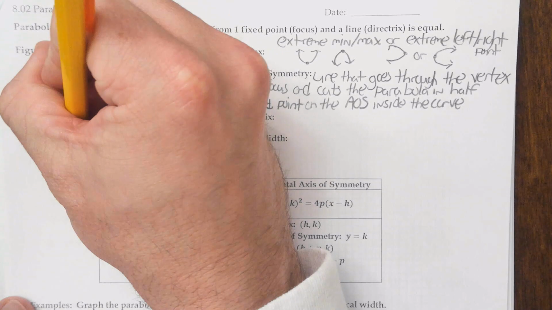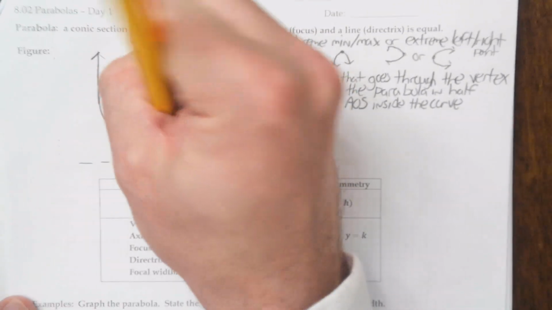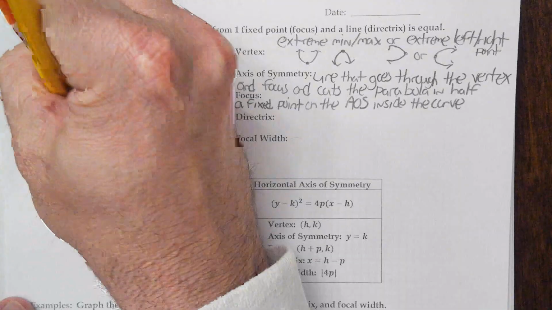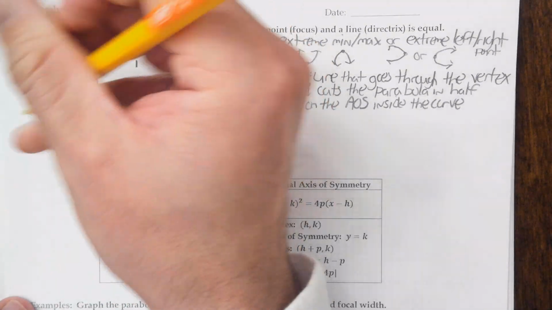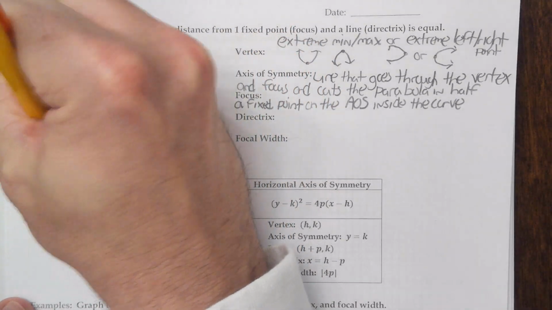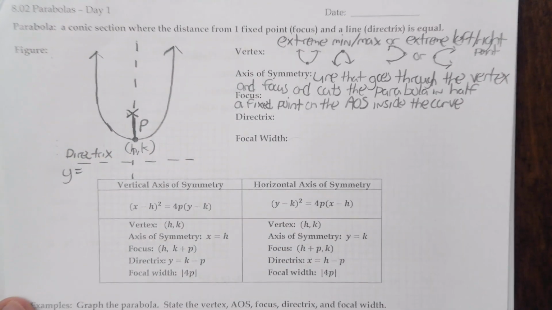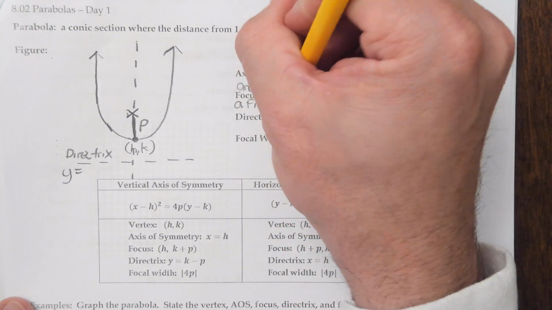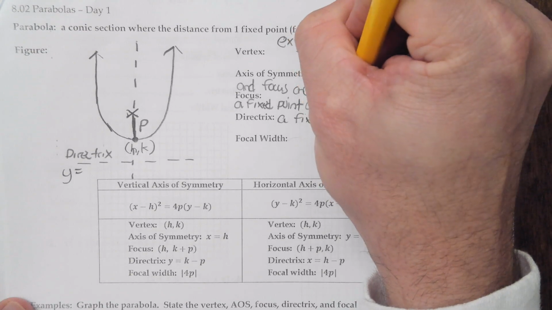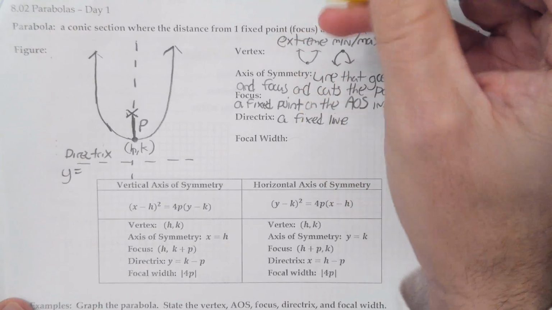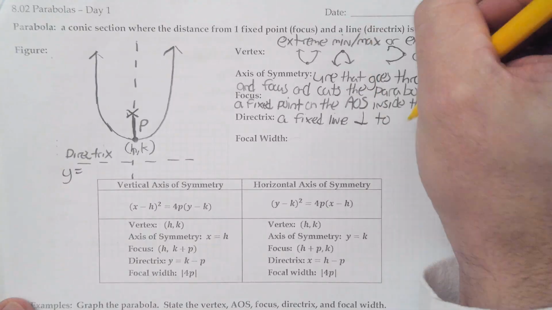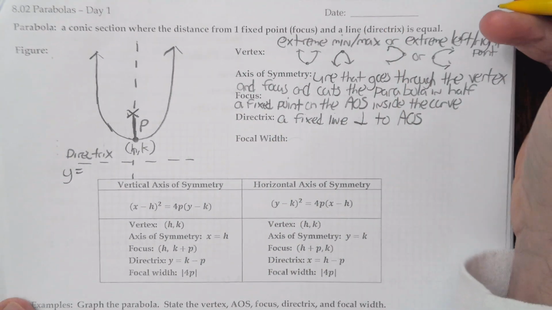The directrix, which will be y equals when it's a horizontal directrix. There are times when it will also be vertical, and we'll talk about that shortly. It's a fixed line perpendicular to the axis of symmetry.